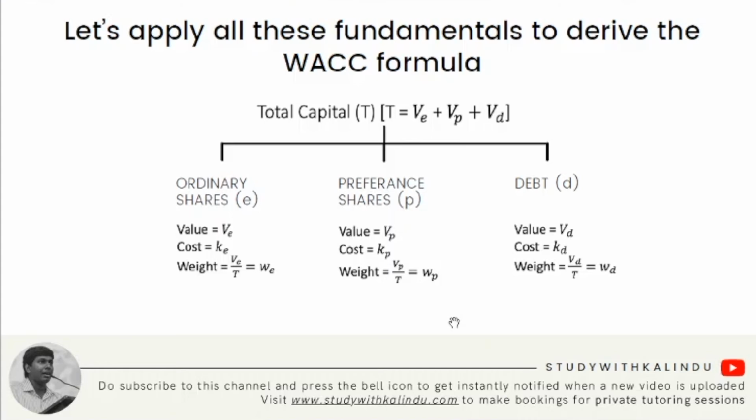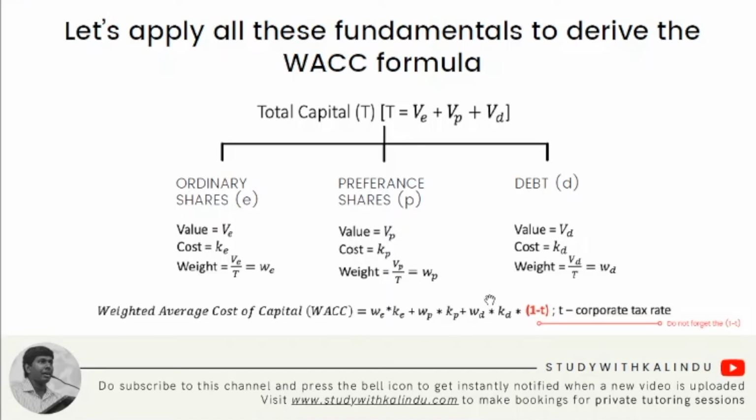Using these notations, we can construct the weighted average cost of capital formula. Your weighted average cost of capital therefore is your WE into KE. WE is the weight of equity, KE is the cost of equity. WP is the weight of preference shares, KP is the cost of preference shares. WD is the weight of debt, KD is the cost of debt.